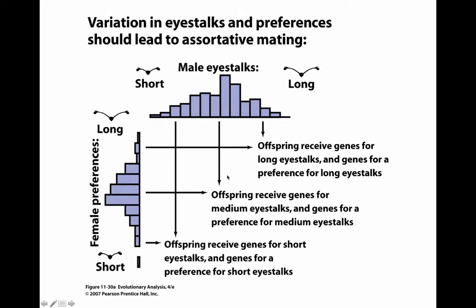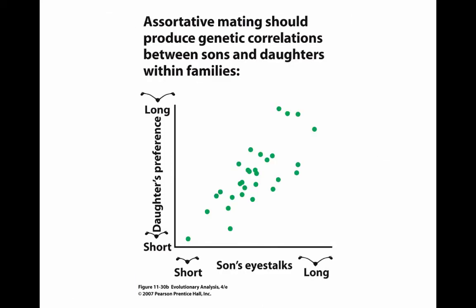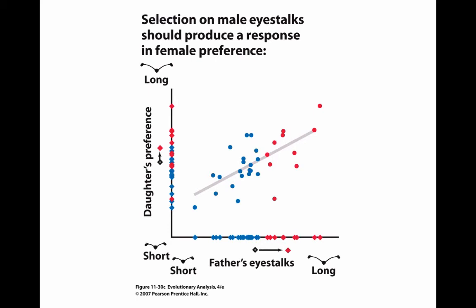This genetic correlation can lead to, in a system where there are multiple genes, it's a polygenic trait affected by alleles at 6 or more genes, each of which contributes a small additive increase in say, eye stalk length and eye stalk preference. In systems where there's a lot of quantitative genetic variation, it can lead to runaway sexual selection for longer and longer traits. And people studying eye stalks have found this strong correlation between female preference and male ornament size.